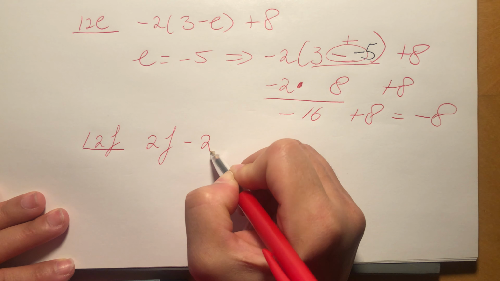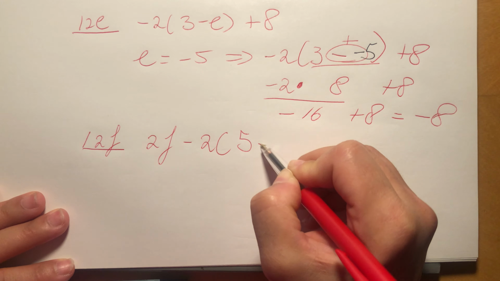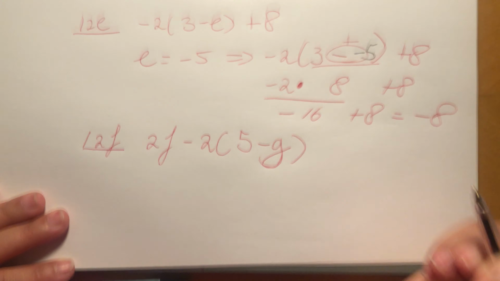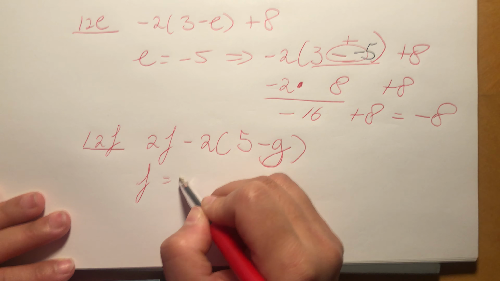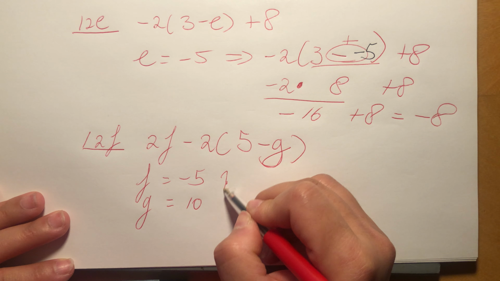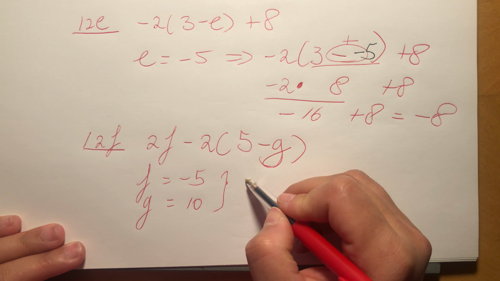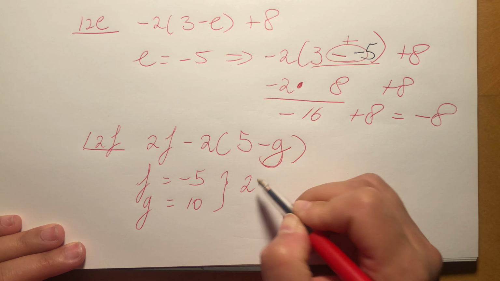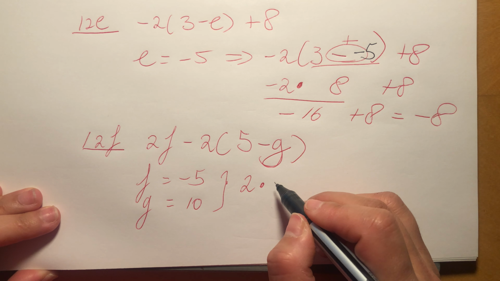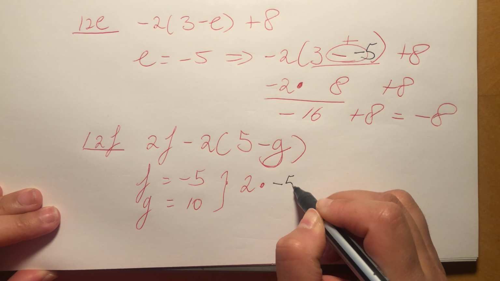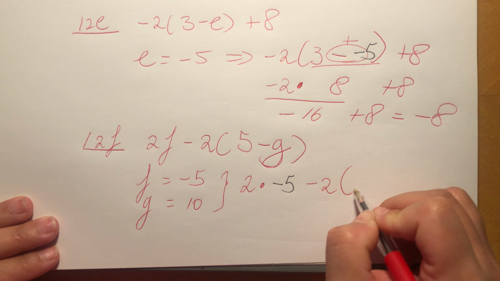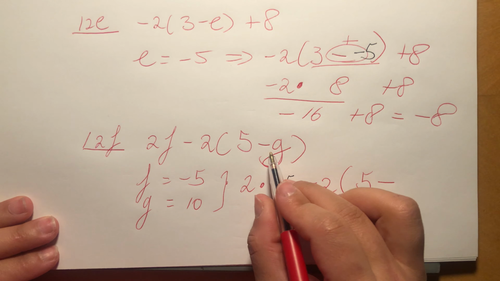2f minus 2, opening bracket, 5 minus g. This is a g. Let me write it like this, closing bracket. F is minus 5 and the g is 10. Let's see. 2 times, because 2f means 2 times f, we get minus 5. Negative 2, opening bracket, 5 minus g.